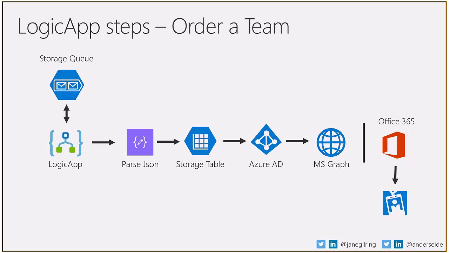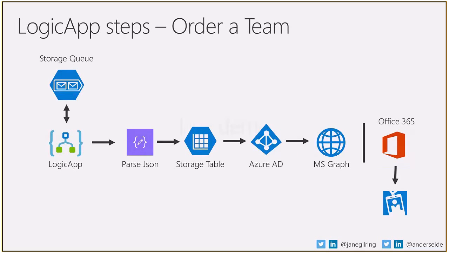Based on that, it does a series of requests to Azure AD to create a group and add a user and so on, and finally goes to Microsoft Graph to enable team functionality, and then deletes the message from the queue so it doesn't happen again. And that's it from the automation side. The rest is handled in Office 365. When the team is ready, the end user will get a message that he has been added to a new team, and the team will show up in the end user's applications.